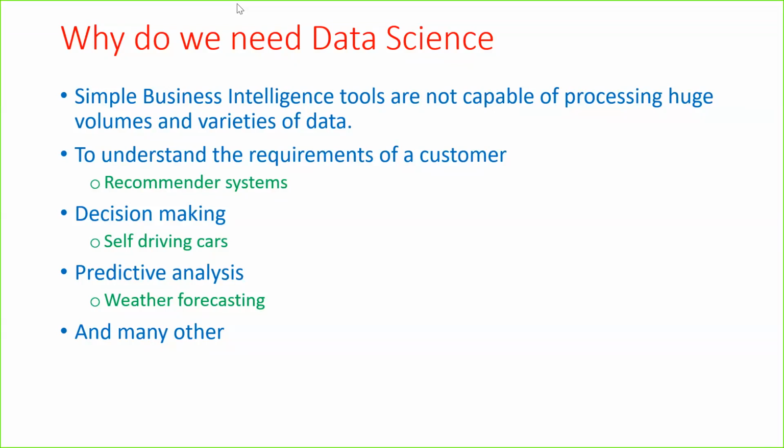You might have seen that when you are browsing something on Flipkart or Amazon or Meesho, it shows you some recommendations, and most often you tend to buy them. It's because it's not just like that it is recommending something to you. It is analyzing your preferences and coming up with some recommendation, right?